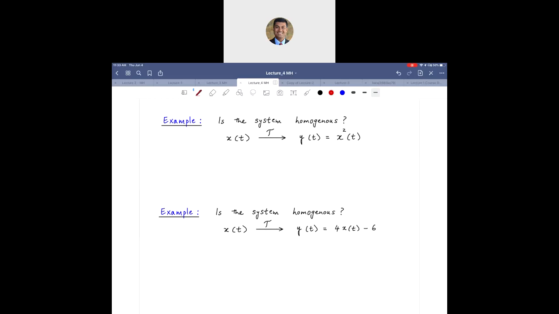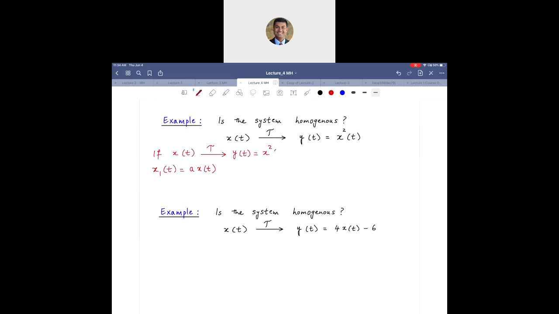So let's assume that x of t goes into the system and you get y of t as x squared of t.